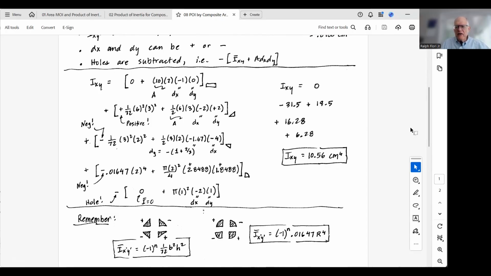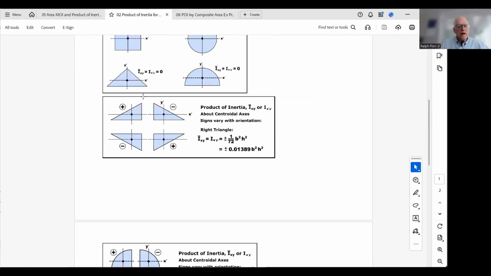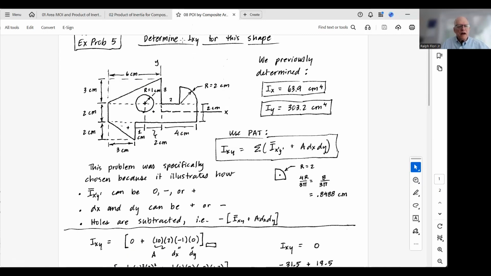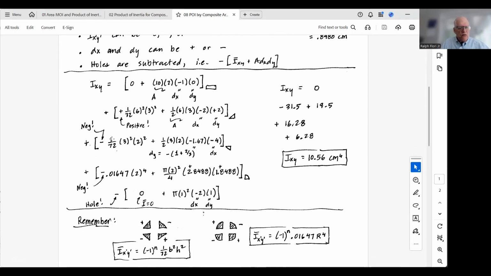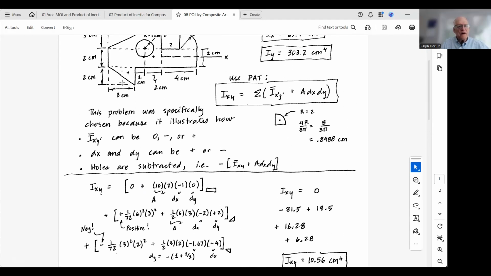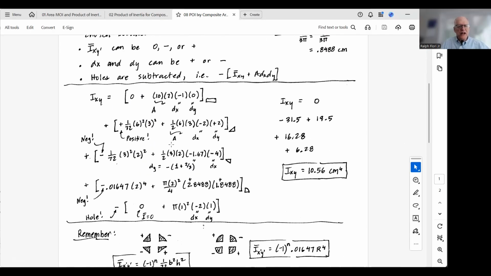For our other triangle, for this guy down here, a triangle at this orientation has a negative sign, 1 over 72 b squared h squared. And so negative 1 over 72 b squared h squared, 3 times 2 squared. His area is 1/2 base times height.